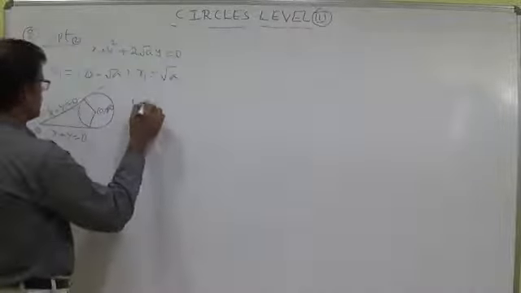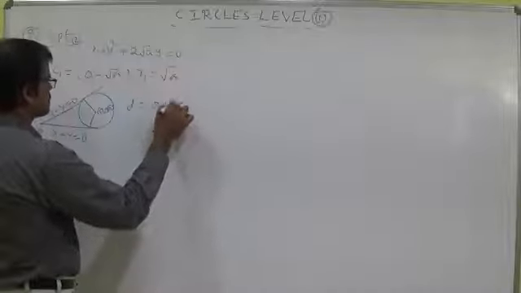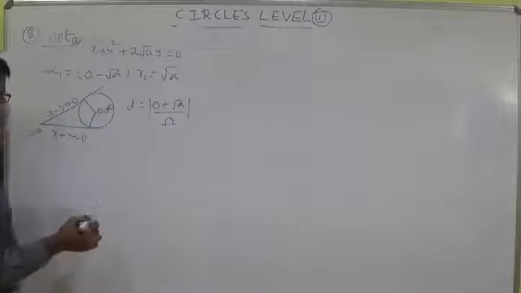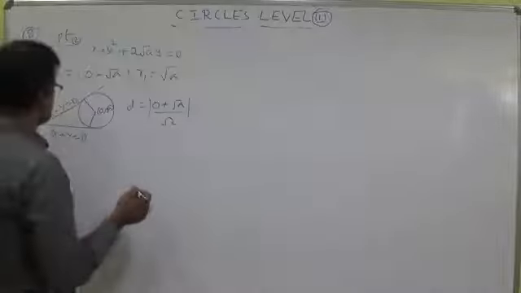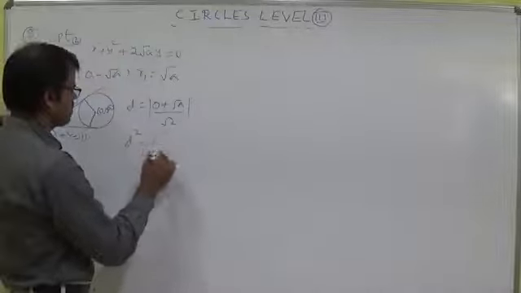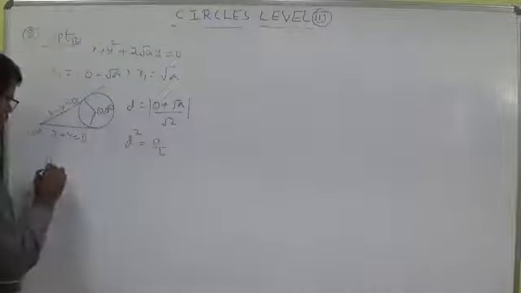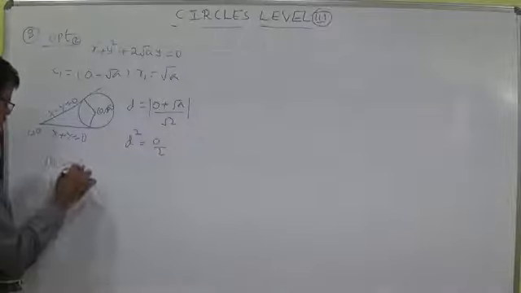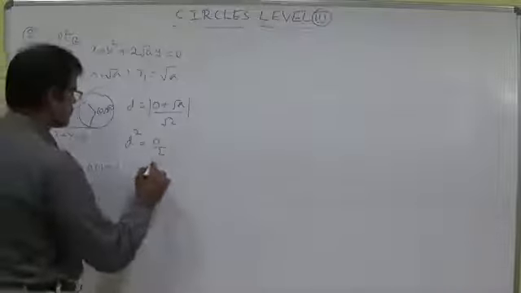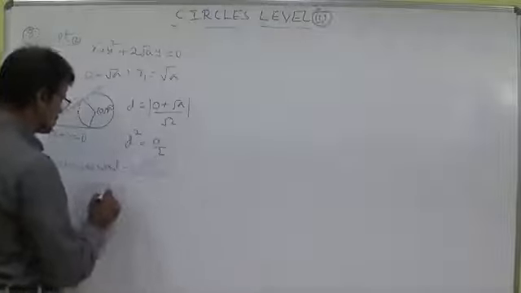Now d, let us calculate it. 0 plus root a by root 2. D square means a by 2. Length of chord equal to 2 root r square minus d square.